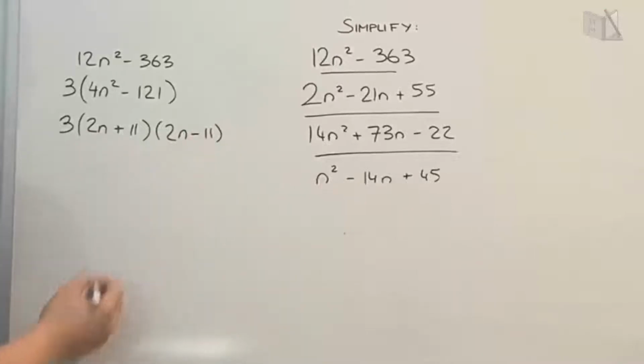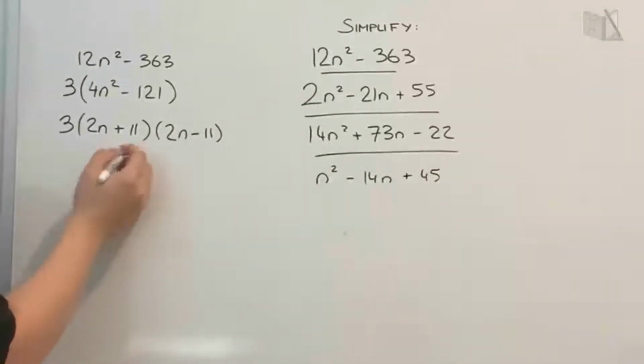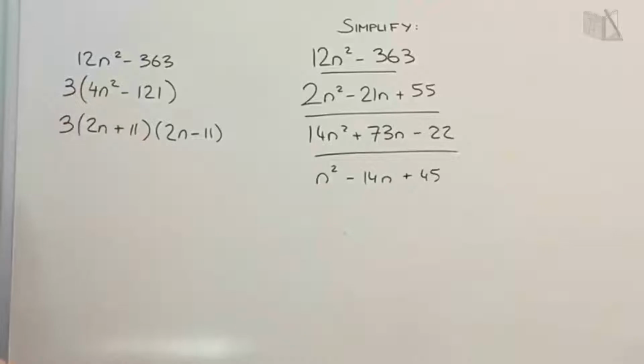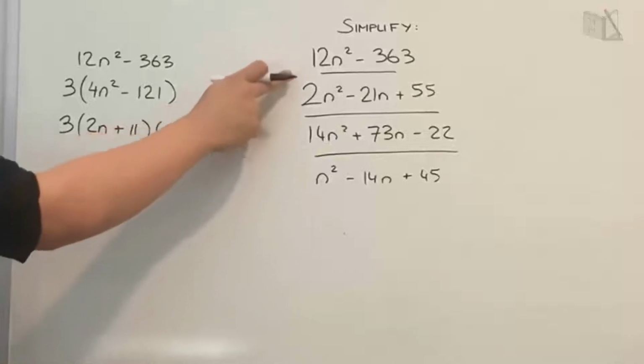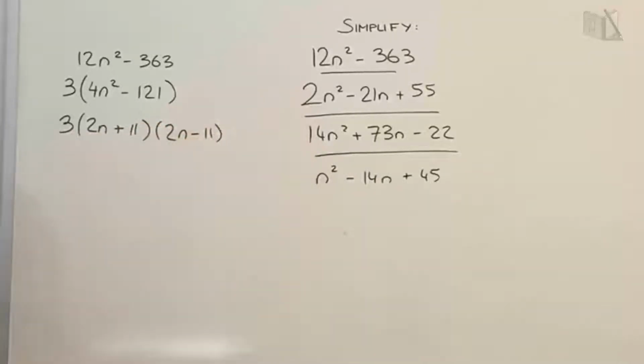If you multiplied these brackets back out, you would be left with, again, 4n squared minus 121. Now we've arrived at the fully factored form of 12n squared minus 363, which is 3 bracket 2n plus 11, and then bracket again 2n minus 11. This is how we're going to approach each of these numerators and denominators: we're going to reduce them to prime factors and see what we can cancel out.